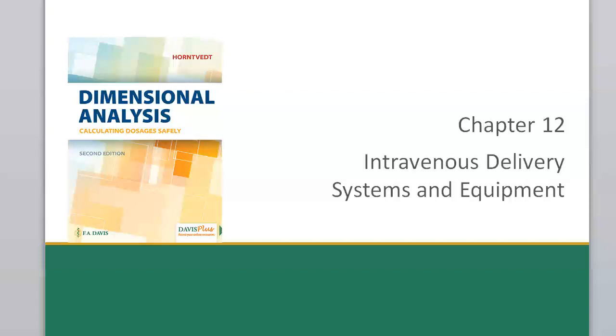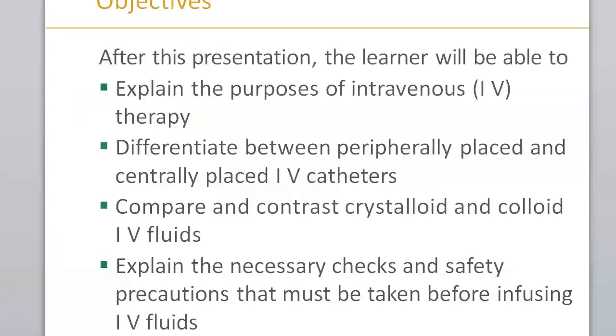As with any chapter, there's always the objectives, because you will be learning this skill in Nursing 124 lab about starting an IV and learning the difference between peripherally placed and centrally placed IV catheters, looking at the different types of solutions such as crystalloid and colloid IV fluids, and then knowing and understanding and doing the necessary checks and safety precautions that must be taken before we actually infuse IV fluids.